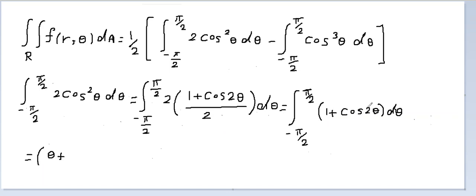If we use substitution, taking 2 theta to be u, the integral of cosine 2 theta is 1/2 sine 2 theta, from minus pi over 2 to pi over 2.